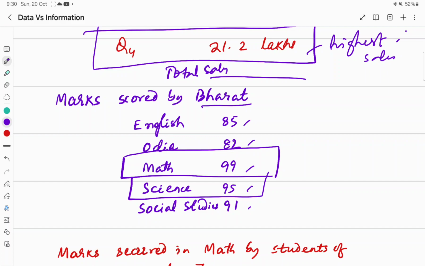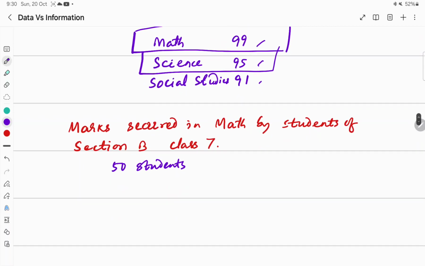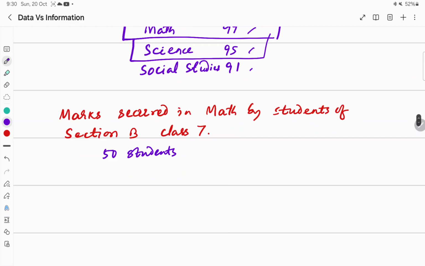That is information. Suppose similarly the marks secured in math by students of a section, say section B of class 7, say there are 50 students and marks secured by each student is given. Then we calculate the average marks.